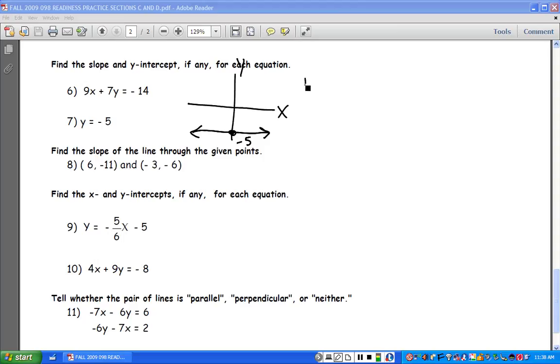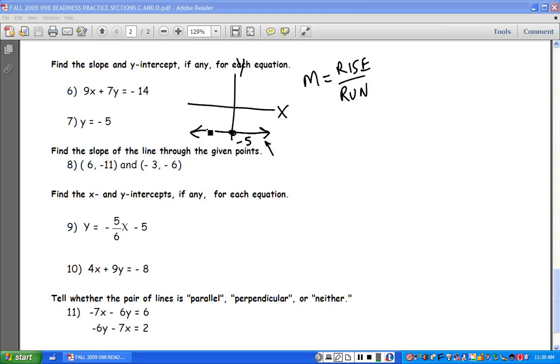So we know our slope is rise over run. Now, if we know that this is the line we get from y equals -5, then if we're trying to find our slope, we need to look for rise. We can pick any point anywhere on this line. Say we pick the point right here.